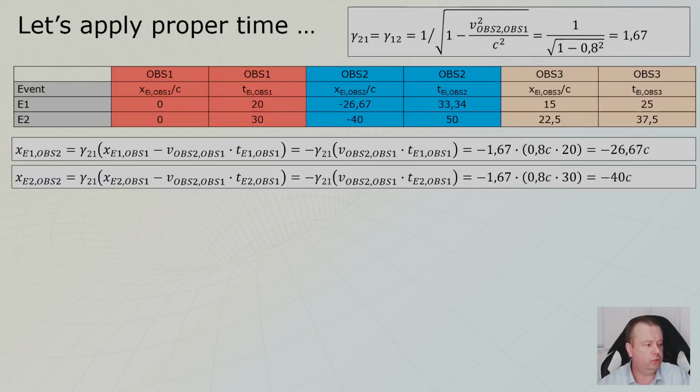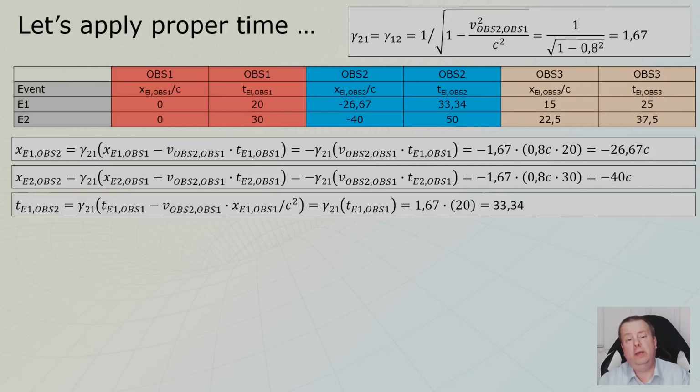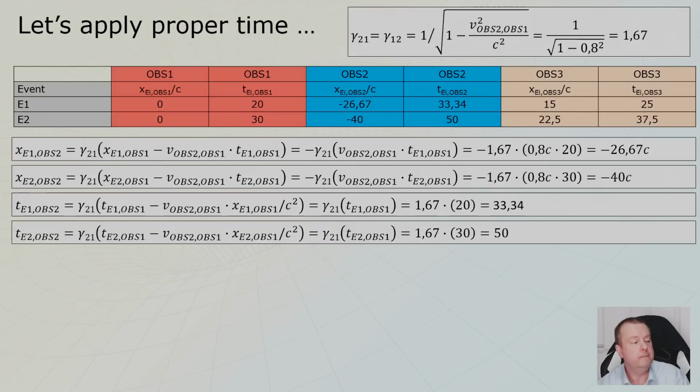You can also calculate the x-coordinate of event 2 through the eyes of observer 2. You will get to minus 40. You can also calculate the time of event 1 through the eyes of observer 2 by applying the Lorentz transformation. You get 33.33333, and you can do this for the second event as well, and you get to 50.